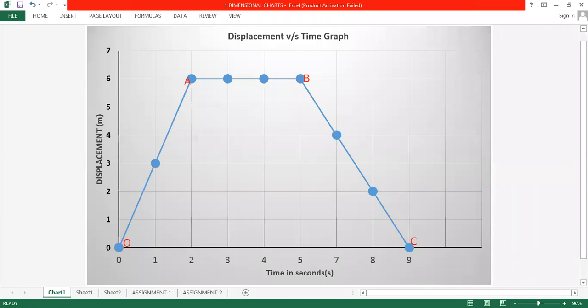Brilliant. Please check the distance traveled. How much is the distance traveled by the object?